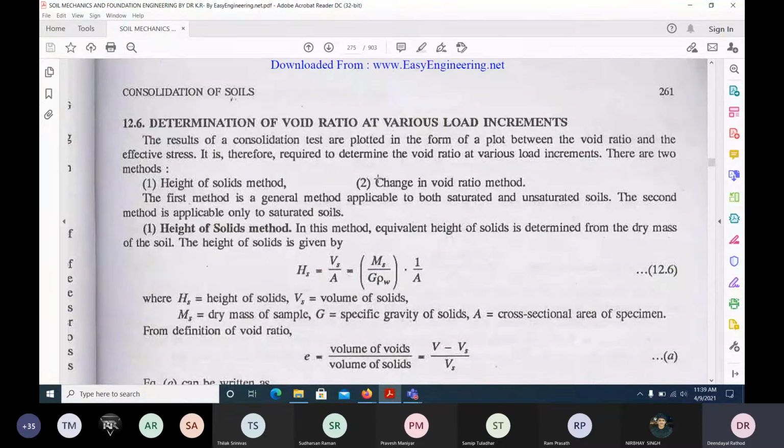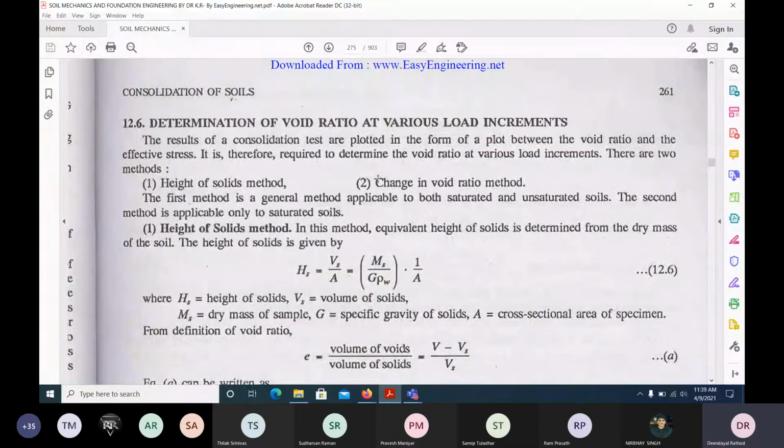So how do we determine this void ratio at various load increments? Without knowing it, how can we plot void ratio versus increasing stress? There are two methods for finding this void ratio. The first one is the height of solids method, and the second one is the change in void ratio method, okay. So let us see first the height of solids method.